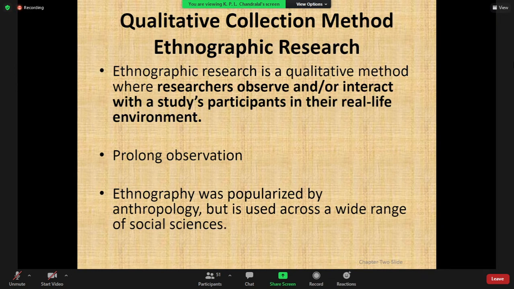The researchers live with the people and they know what people genuinely do. You know why this is becoming popular? Because it's a very common understanding that there's a difference between what people say and what people do.